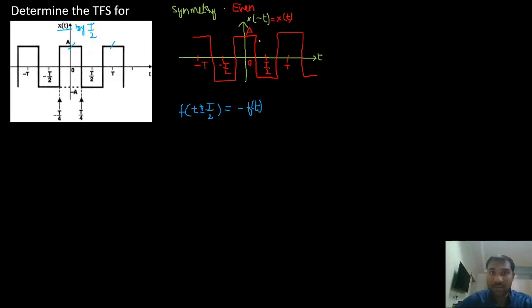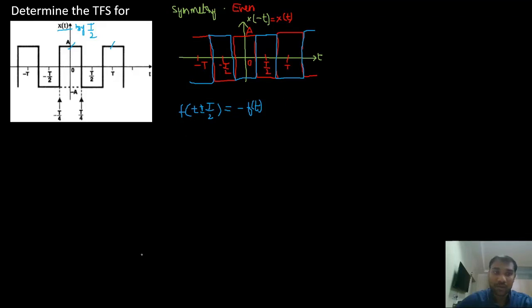So it will be something like this, right? Which is exactly the opposite of x of minus t, f of minus t, right?